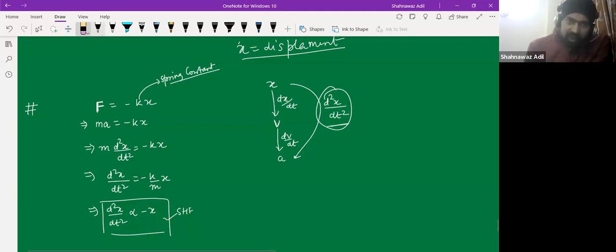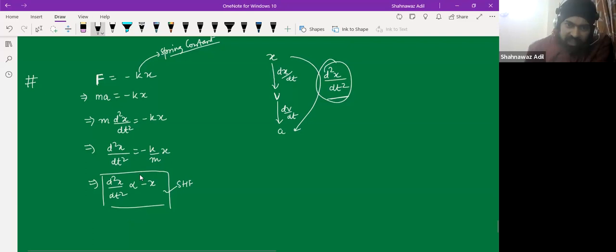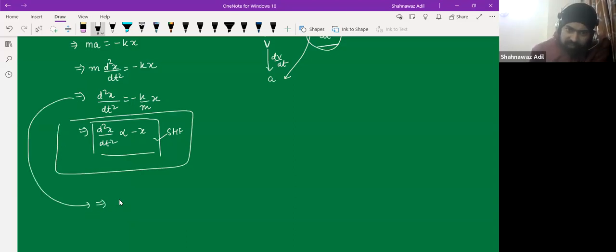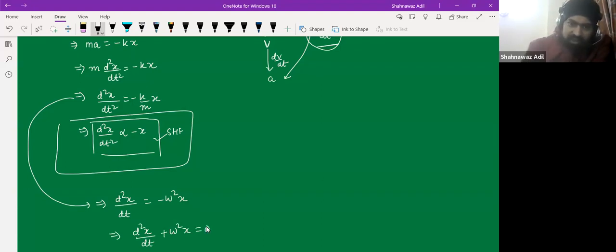And how do we solve this thing? So we take this part I just wrote. Now let us write this. d square x by dt square, and this k by m is called omega square, right? If I take this to the left hand side, this becomes a second order differential equation.